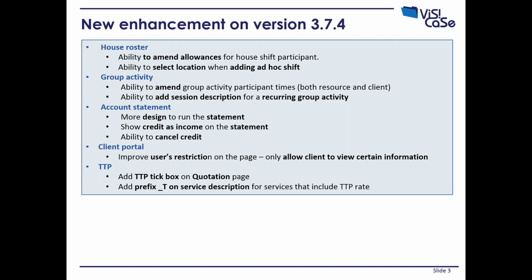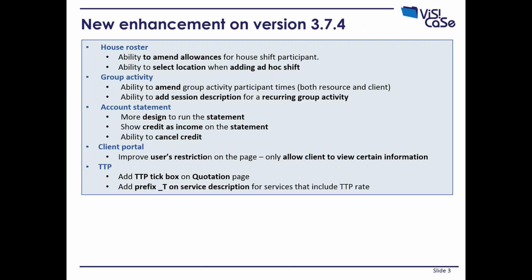With group activities, we've had a large revampment in this area. You can now amend group activity participant times for both resources and clients. You can add unique session descriptions for group activities themselves and for recurring group activities in the future.